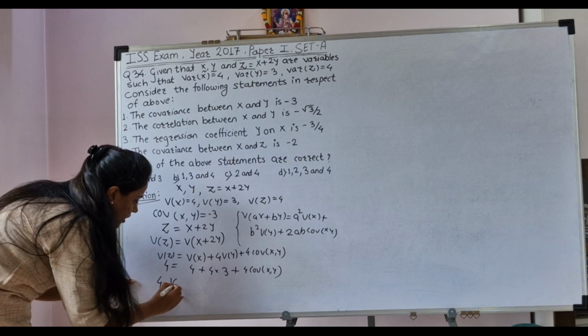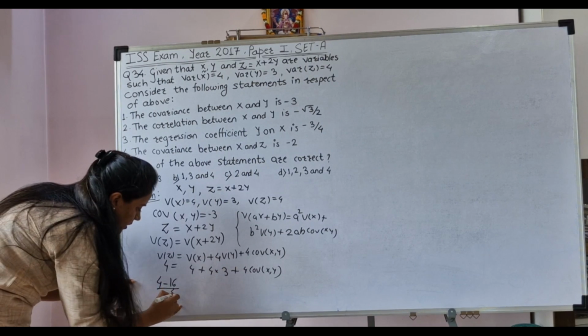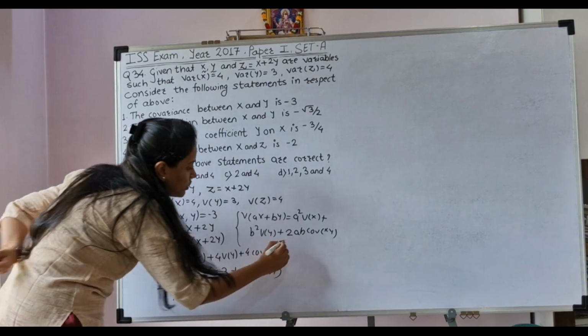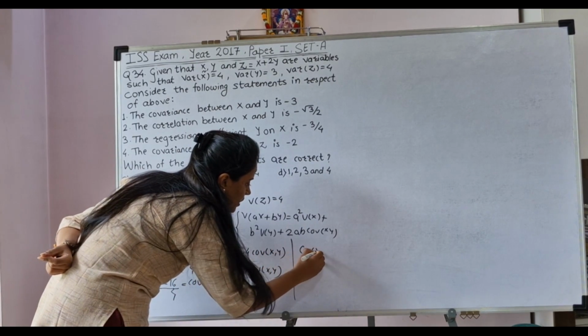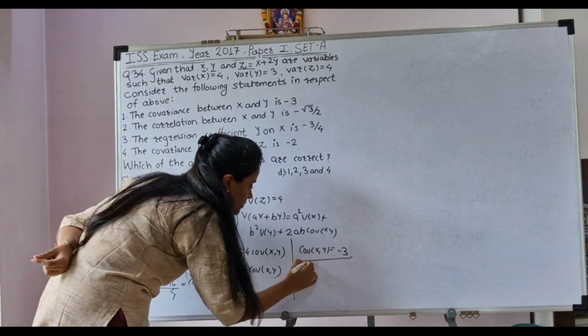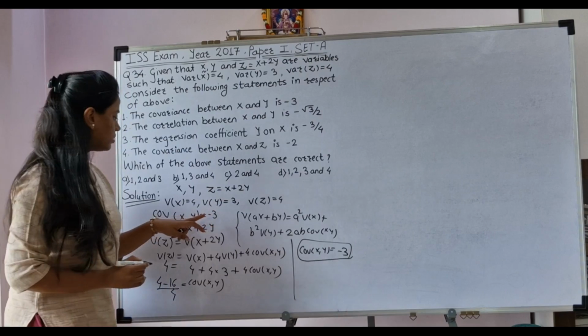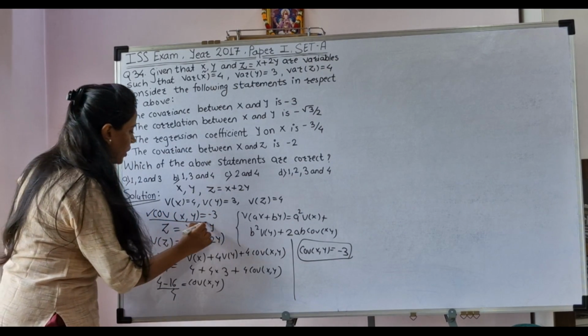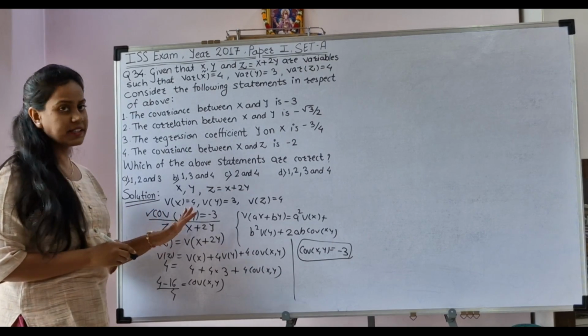If we take that here, it will be -16 by 4 equals covariance of xy. So we will get covariance of xy equals -3. Right? So the first statement is correct. Here we wanted to check covariance of xy equals -3.